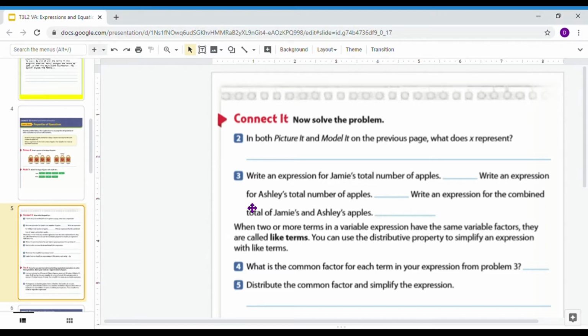So you should be looking at the pictures on page 112 as we answer the questions on page 113. In both the Picture It and the Model It on the previous page, what does the X represent? So the X represents the unknown amount of apples, because we have zero idea of how many apples are in each bag.